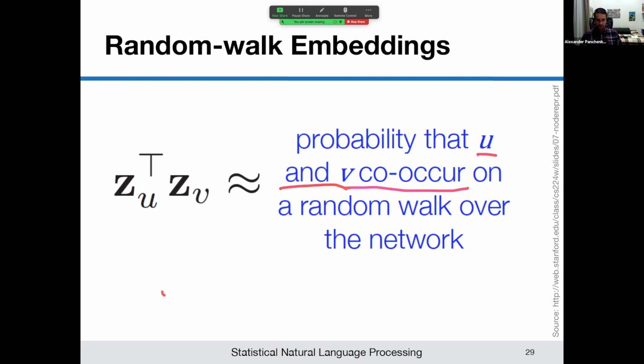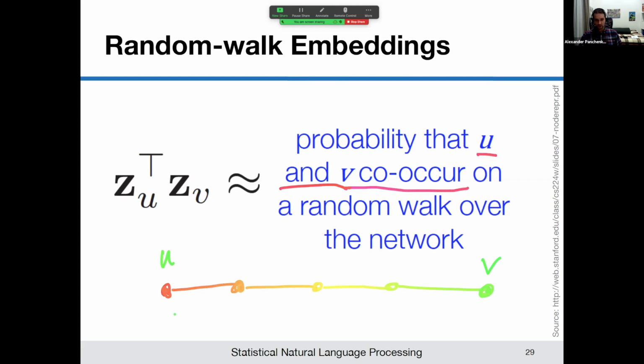So if you have a sequence of steps, let's say for this case of 5 different nodes, and then you have a node U here and node V here, then you say that these two are going to be connected.